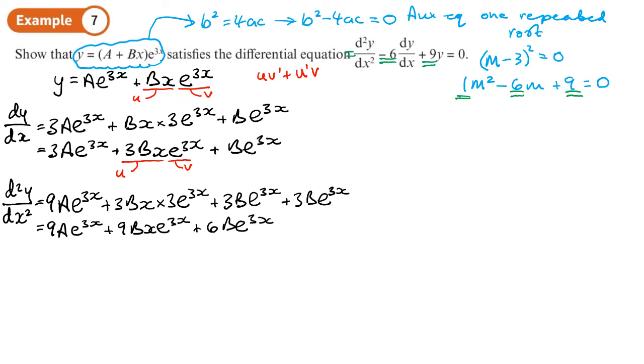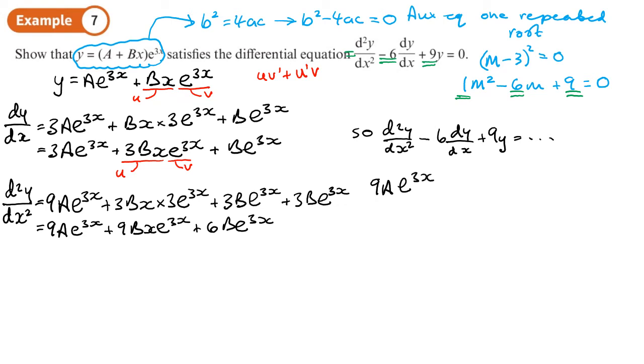So to show that this is a solution, we're now going to do one of these, take away 6 of these, add 9 of these, and it should make 0. Okay, so let's write these down. So d squared y dx squared minus 6 dy dx plus 9y equals, right, I think what I'll do is just write one underneath the other, so I can easily add and subtract.